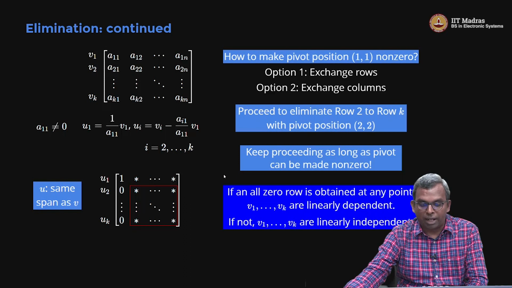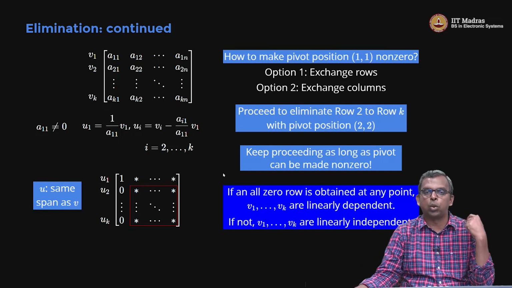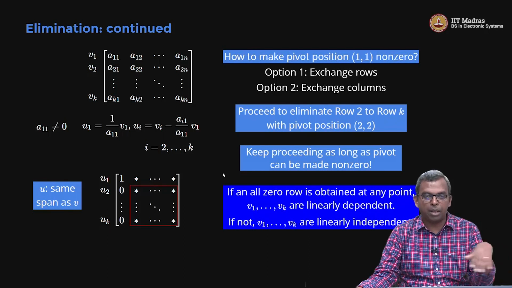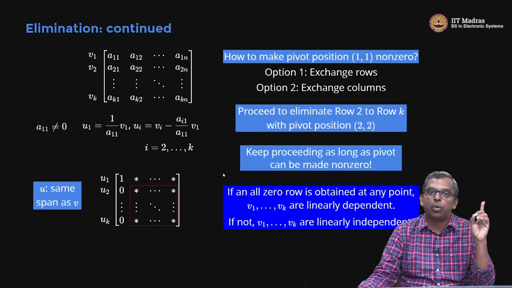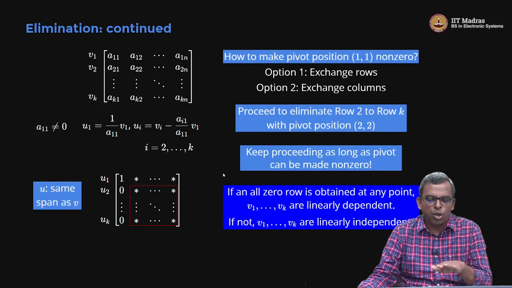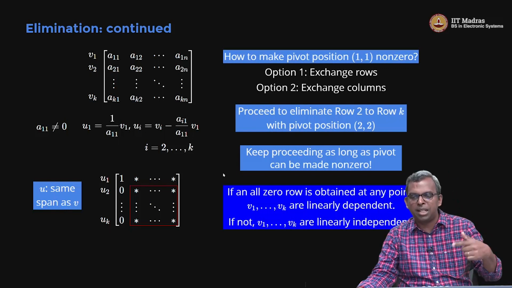But for now, this is an important fact. While you're doing this, if at any point you got an all zero row, if one of your rows became all 0, then it turns out the vectors are linearly dependent, because what you're doing is at every stage, every row you get is a linear combination of V1 to Vk, right? So you're not doing anything other than linear combinations of V1 to Vk repeatedly, further linearly combining.